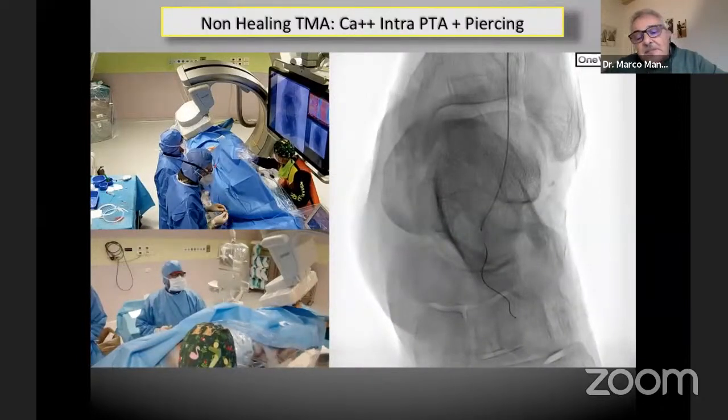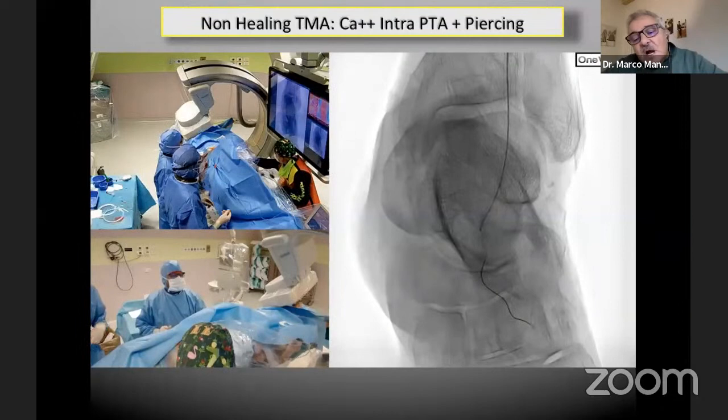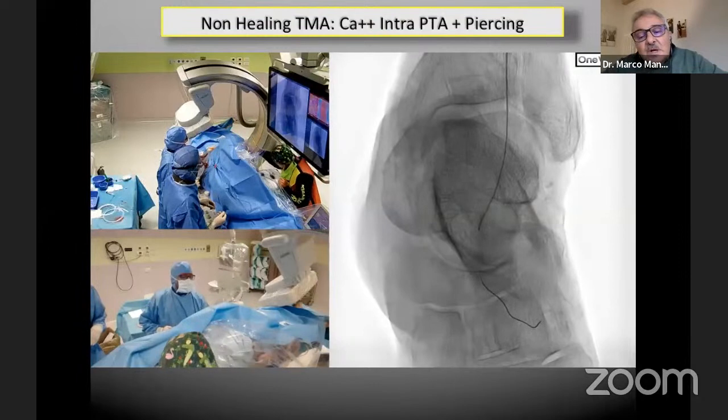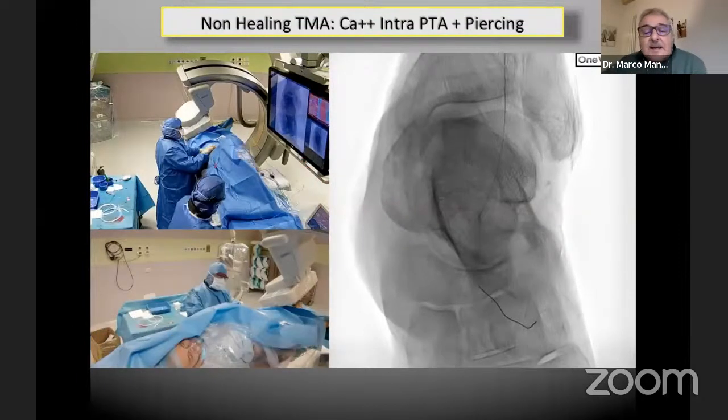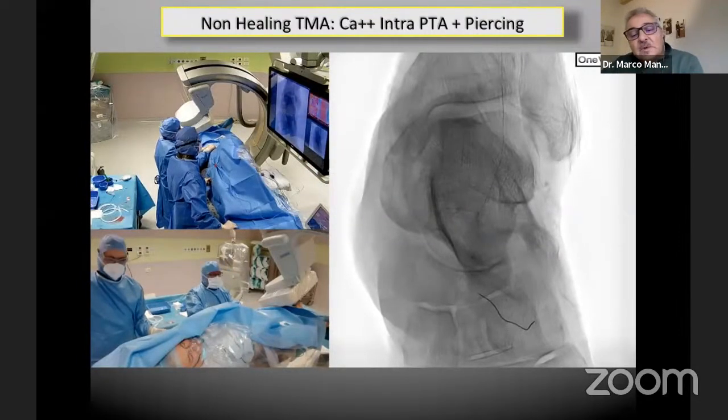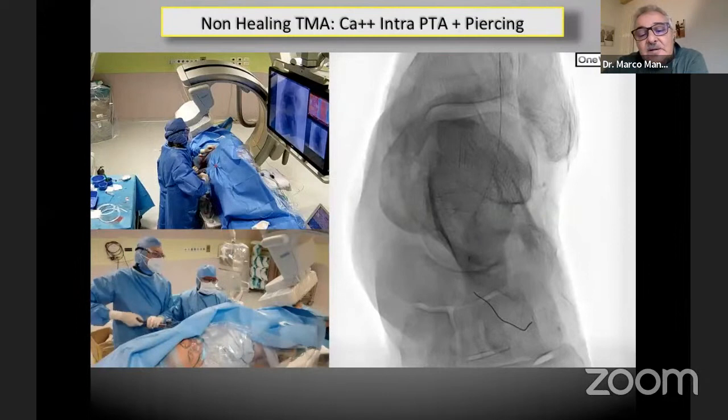And when we have the wire in the distality, we decide to use again a very low profile balloon with a single marker, so the marker is in the middle of the balloon, to predilate.